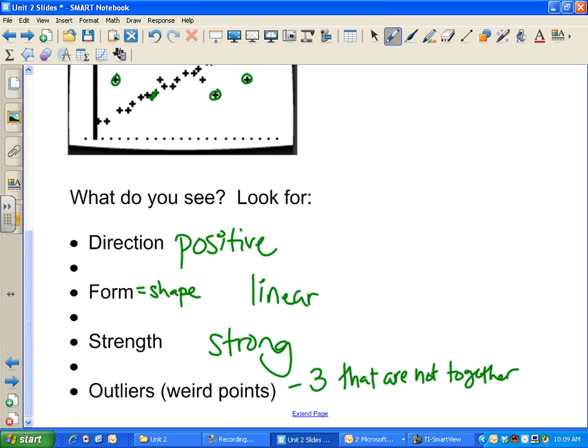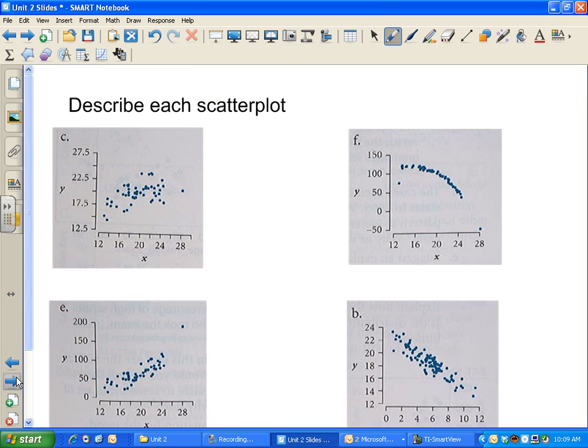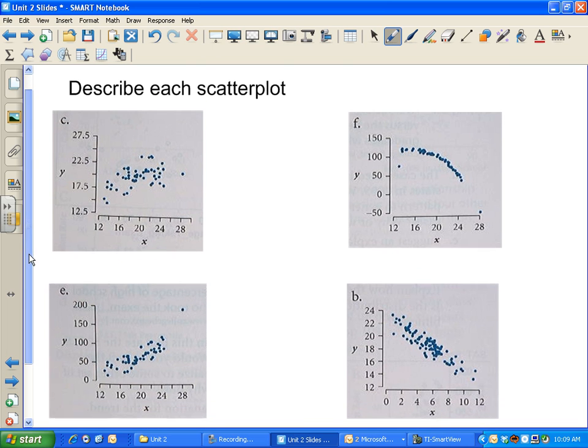So when we make scatter plots, that's what we're looking for: direction, form, strength, and any unusual points. Let's go ahead and practice those couple of things with some other scatter plots. And then we'll get on a little later to what we actually do with the scatter plots.